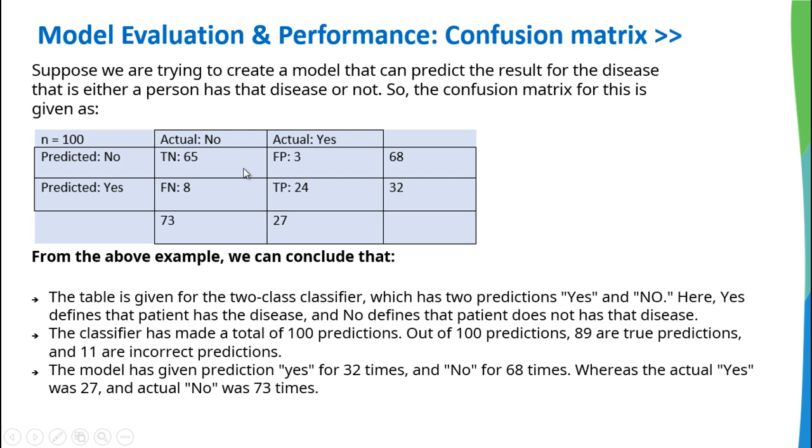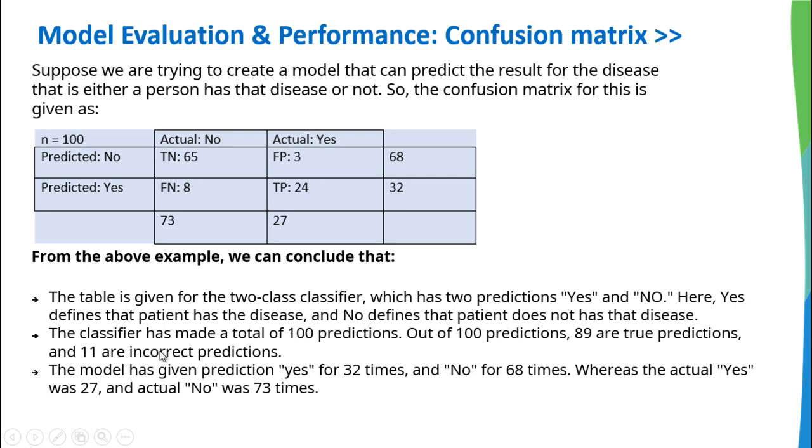That is what we call accuracy. That is very simple, right? So the table is given for the two class classifier, yes or no, which has 2 predictions. Here, yes means the patient has the disease, and no means the patient has no disease.